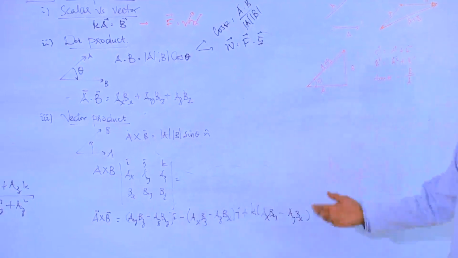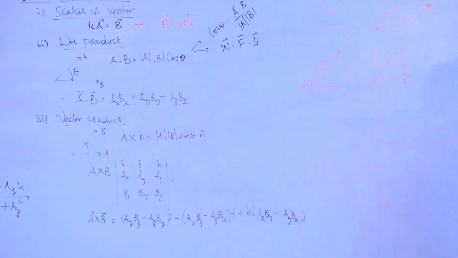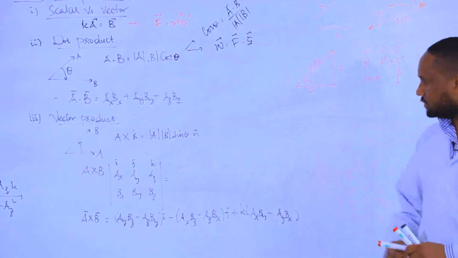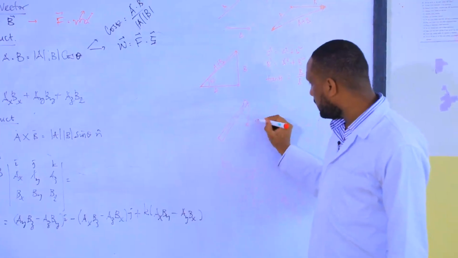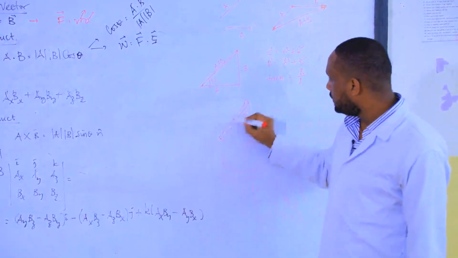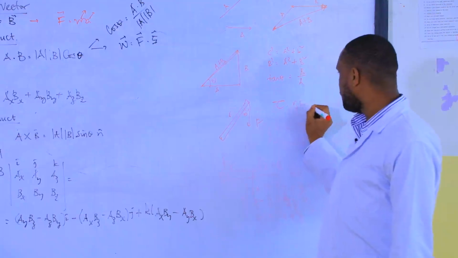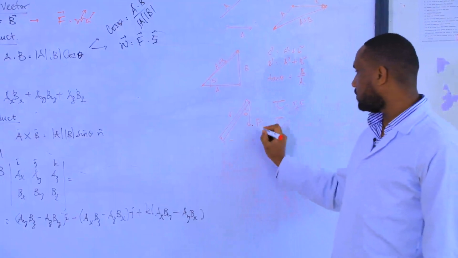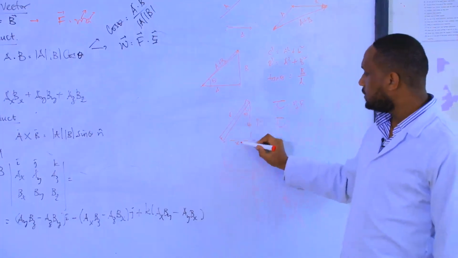Okay? So the cross product also has some different applications in physics. The first application, it can be used to determine the moment of a force, that's a torque. For example, if a force F is acting on an object which is fixed at this position and making an angle theta here, and this is a distance r, then the torque is given by r perpendicular times F. So r perpendicular means this is the perpendicular distance, we can call it x, and from trigonometry we know that sine theta is equal to x over r.